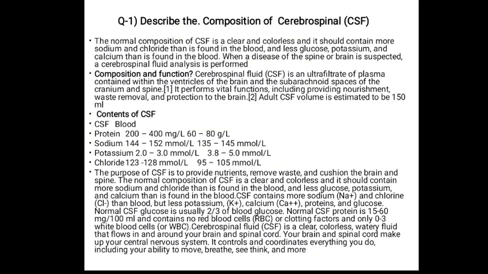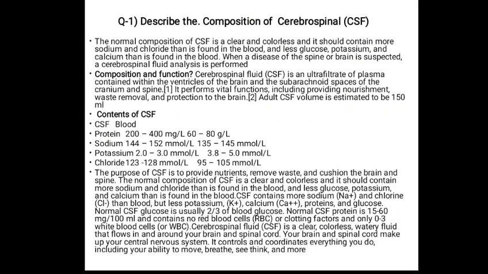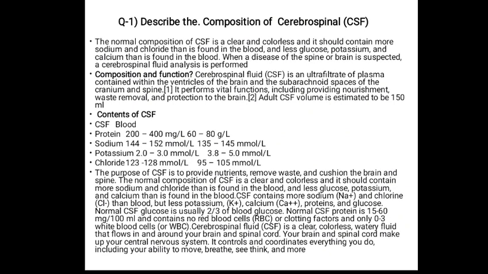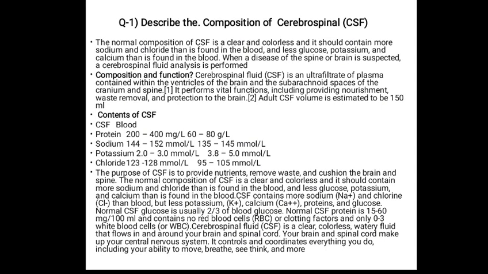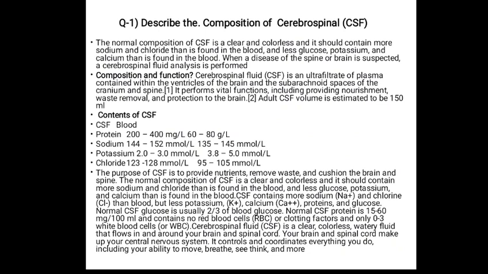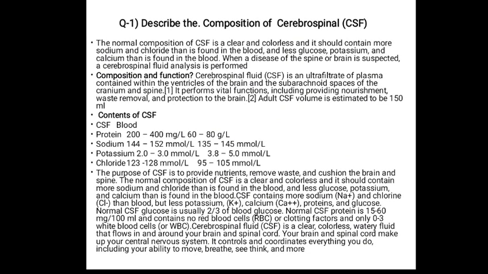Cerebrospinal fluid is an ultrafiltrate of plasma contained within the ventricles of the brain and subarachnoid space of the cranium and spine. Number 1, it performs vital functions including providing nourishment, waste removal, and protection of the brain.